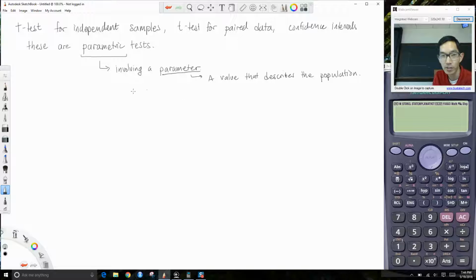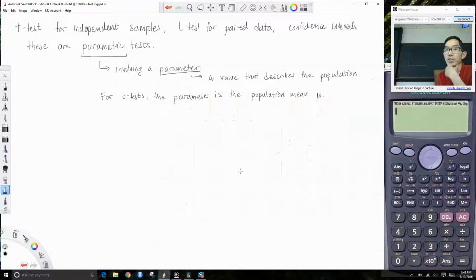So for t-tests, they are parametric tests, and specifically because it's about mu, they depend on the central limit theorem.